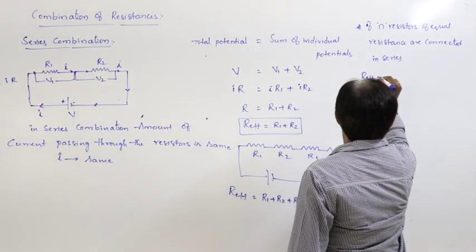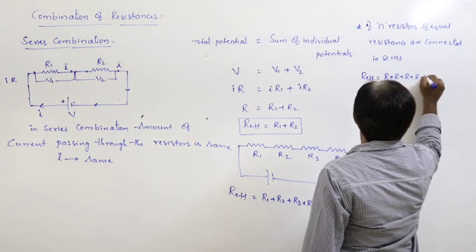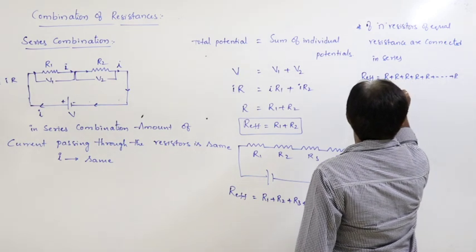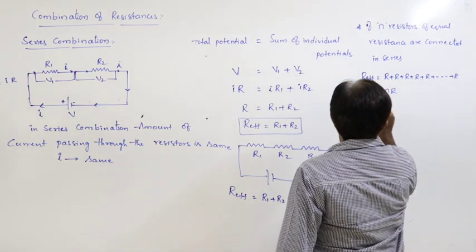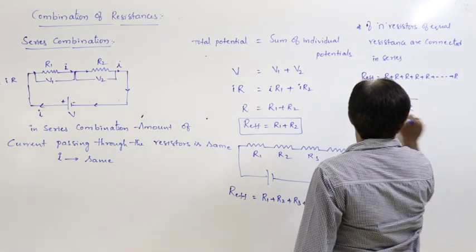R effective can be written as, let us say, R plus R plus R plus R plus R and so on. So that is equal to nR. R series combination is equal to nR.